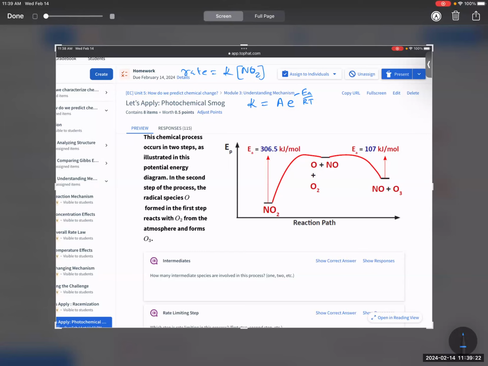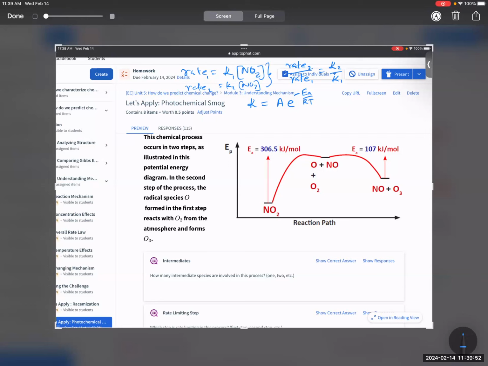rate constant. So if we have rate 1 with rate constant 1, the NO2 concentration will be the same, and rate 2 with rate constant 2, with the same NO2 concentration. This is just a little bit more information than you need. I just want to mention it here. The ratio between rate 2 and rate 1 should be k2 over k1, because the concentrations of the reactants cancel out.